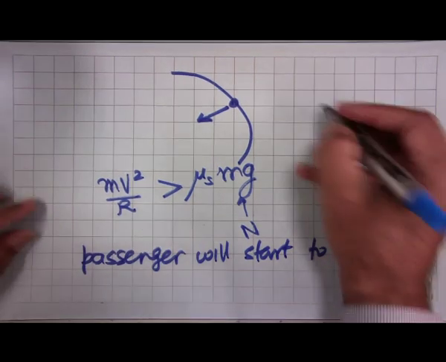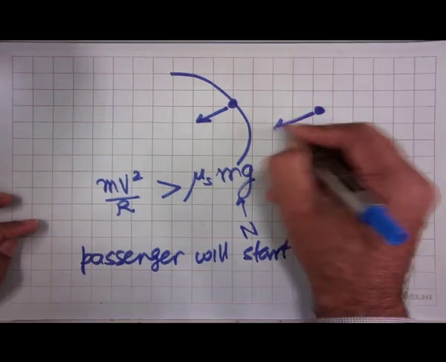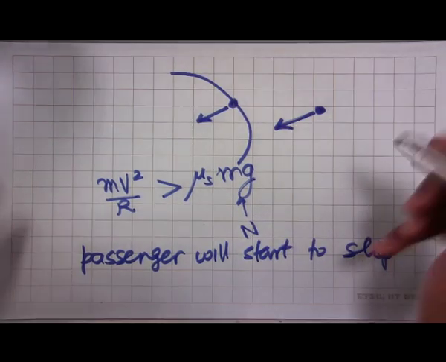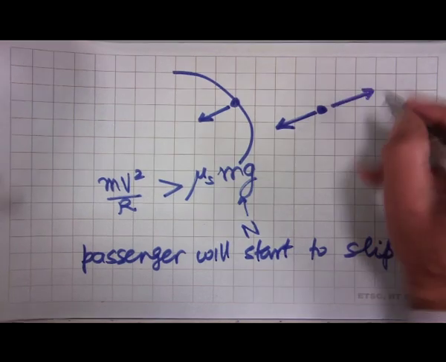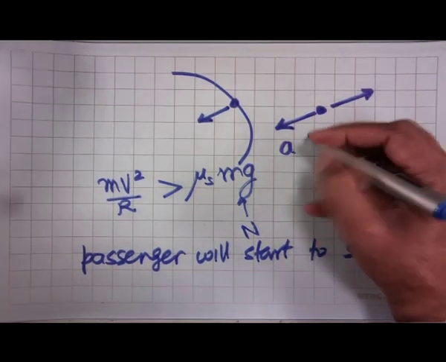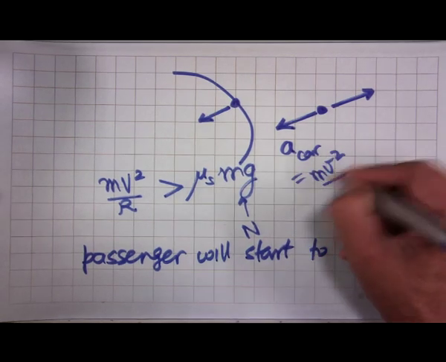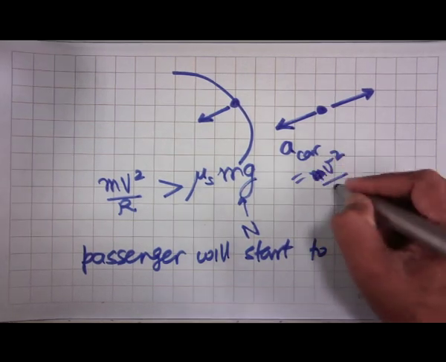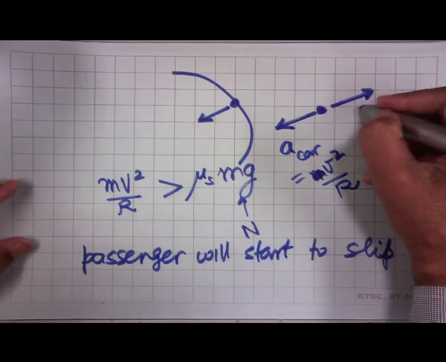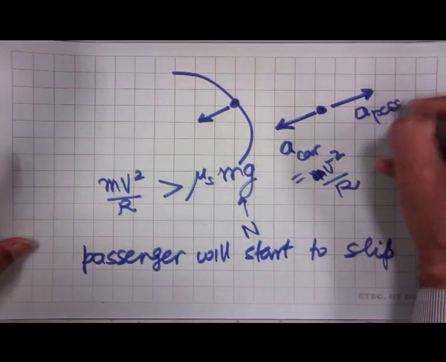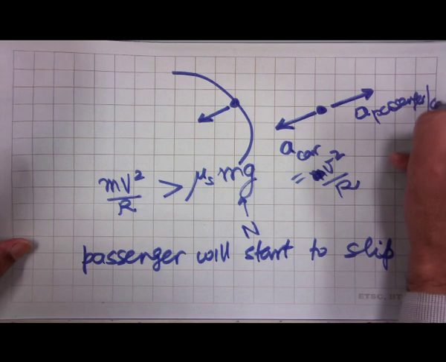So, acceleration of the car is equal to v square upon r, and we have the acceleration of the passenger with respect to the car.